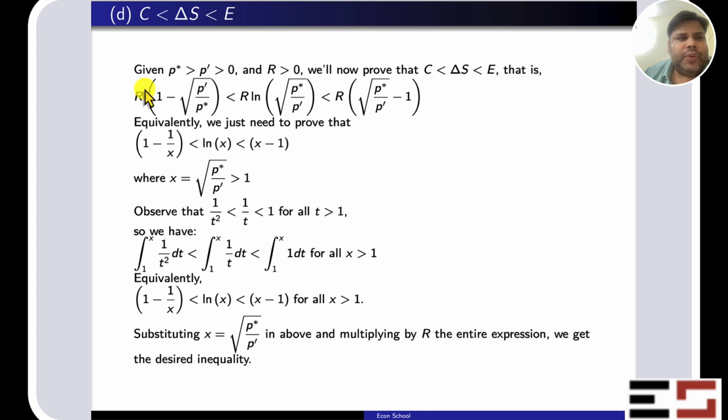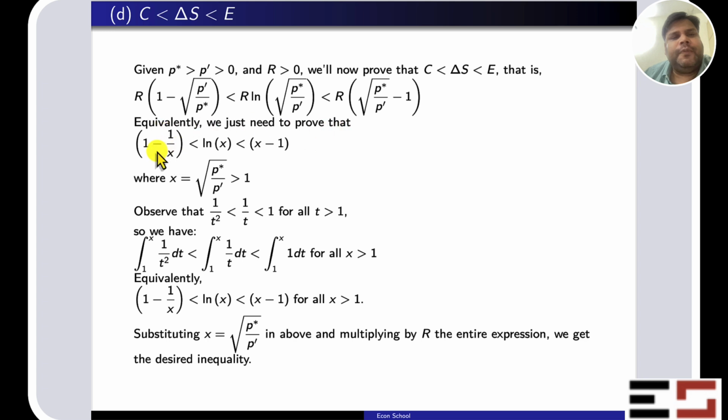Notice that we can cancel these r's. Let's call this x, root p star by p prime. So the middle expression can be written as log x after canceling the r's, and this expression can be written as x minus 1, and this expression can be written as 1 minus 1 by x.